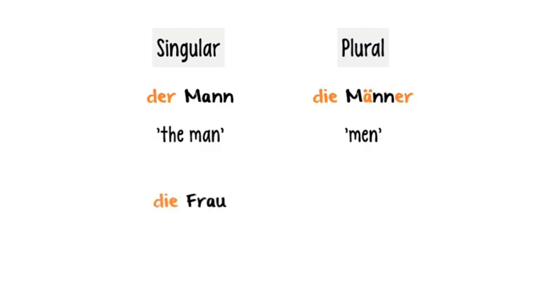In the second case, we have the word die Frau, which means the woman. In the plural form, it changes to die Frauen, which means women. Der Mann, die Männer, die Frau, die Frauen.